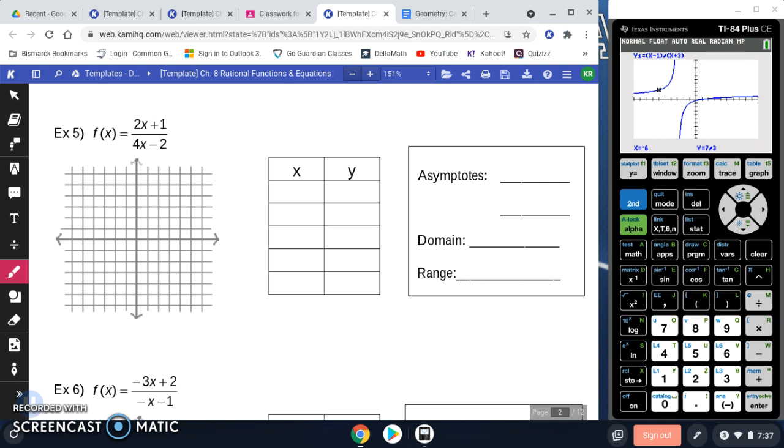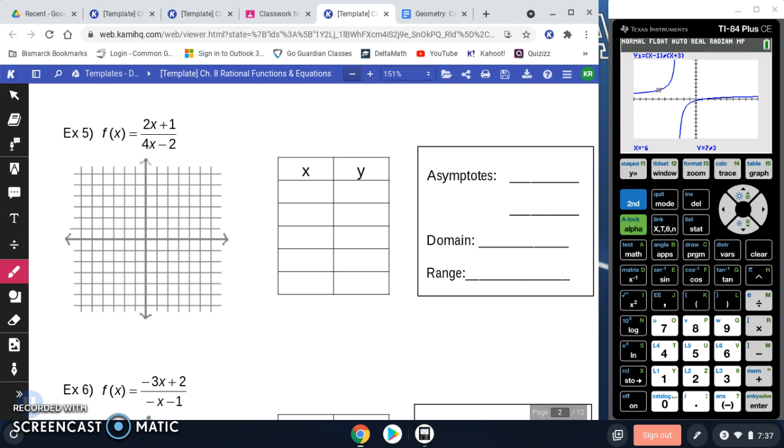We'll just do number 5 here. So same thing, let's start with our asymptotes. So denominator equal to 0. So 4x minus 2 equals 0. Move your 2 over, divide, 2/4 becomes 1/2. So x is 1/2, so a vertical asymptote there. Okay, horizontal asymptote.